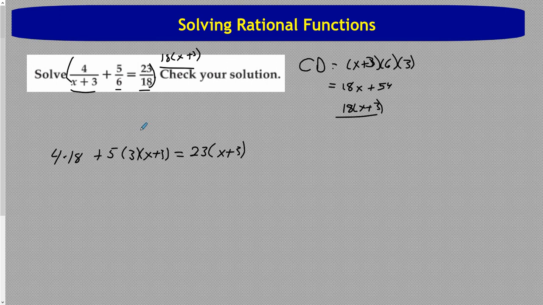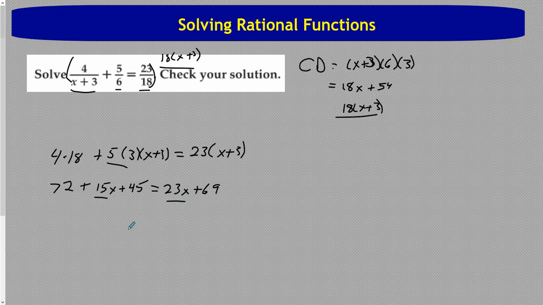Now let's just combine and simplify what we have here. So we've got 4 times 18, which is 72, plus 15 times x plus 3, so 15x plus 45 equals 23x plus 69. So I have x's on both sides.